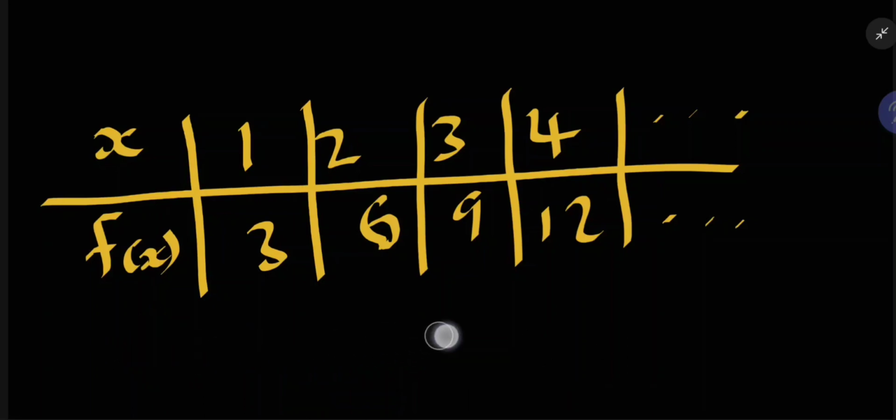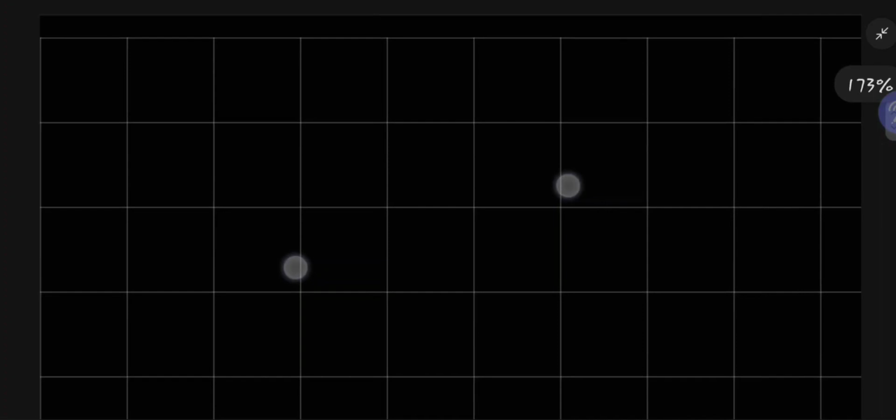Also, our function can be expressed as a graph. And let's just draw a little bit of a graph. So when our function is expressed as a graph, you have your x on the x-axis, and you have your y, your function, your output on the y-axis. So let's just see how that goes here. Let's say this is our graph.